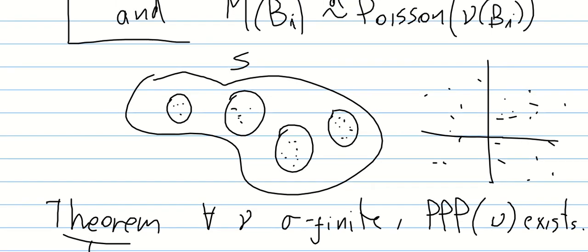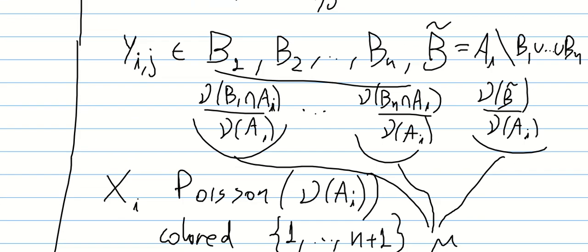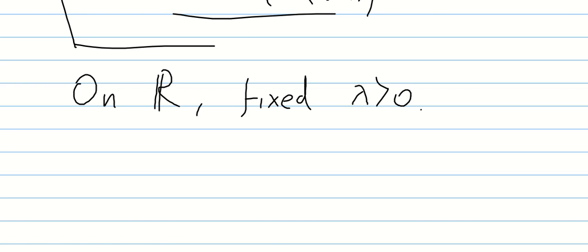Now, one thing you might be asking, besides the Poisson distribution that appears everywhere, is why is this called a Poisson process? Is it related at all to the Poisson process that we already defined on the real line? So on the real line, fix a parameter rate lambda bigger than 0, so this is just a real number, we can take nu to be lambda times the Lebesgue measure.